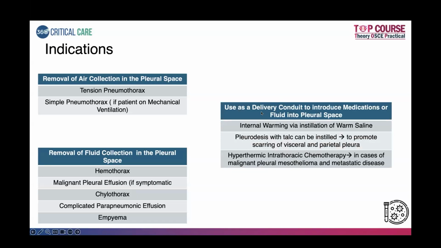It can also be used as a delivery conduit to introduce medications or fluid into the pleural space: internal warming via instillation of warm saline, pleurodesis with talc to promote scarring of the visceral and parietal pleura, and hyperthermic intrathoracic chemotherapy in cases of malignant pleural mesothelioma and metastatic disease. For every heading, at least two indications can be kept in mind when writing it in the exam.